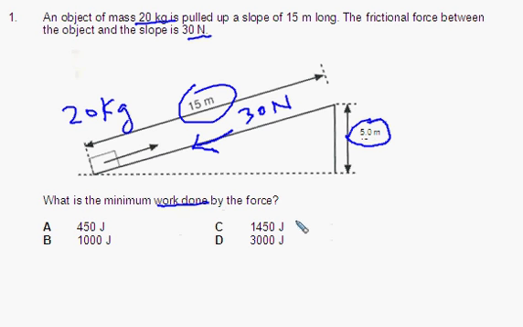The work done is actually trying to do two things. The first thing it's trying to do, if we observe the 5 meters, is to gain GPE. The formula for GPE is mgh.